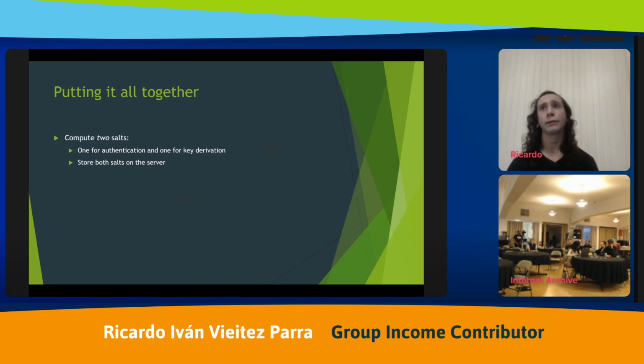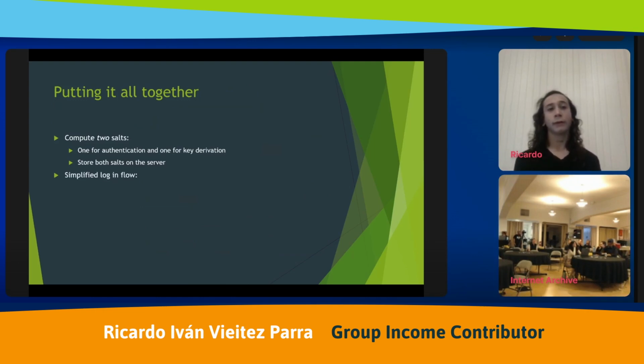That way we don't have to store any information about that identity in the server in a way that it could compromise that user's identity or the confidentiality of any information. Then both of these salts are stored on the server because we need to be able to perform this authentication step, and we need to be able to send the key derivation salt back to the user.